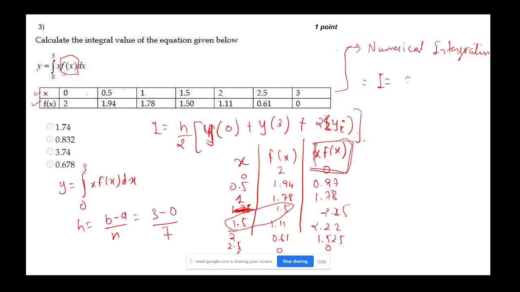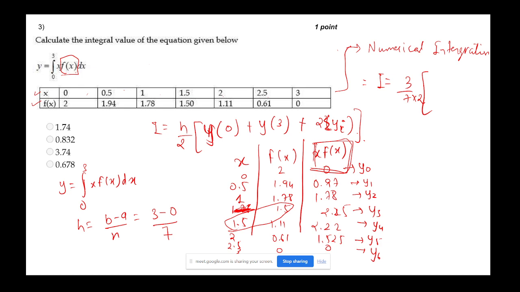So 3 by 7 into 2, because it is h by 2, into, like this is y0, y1, y2, y3, y4, y5 and y6.